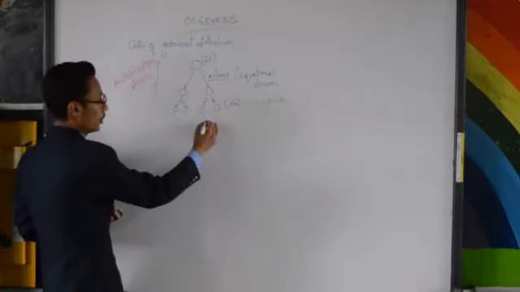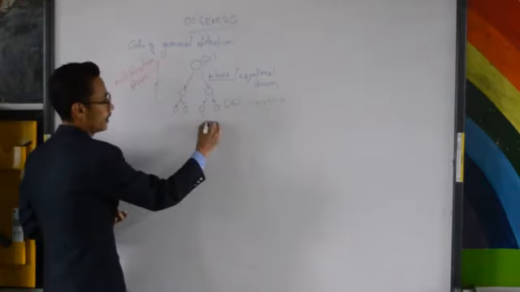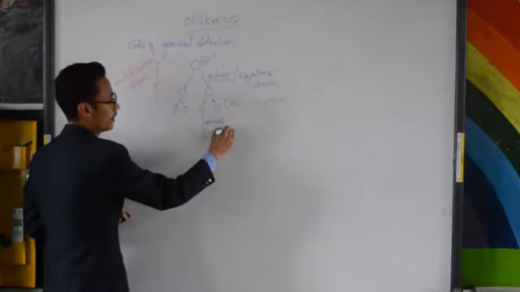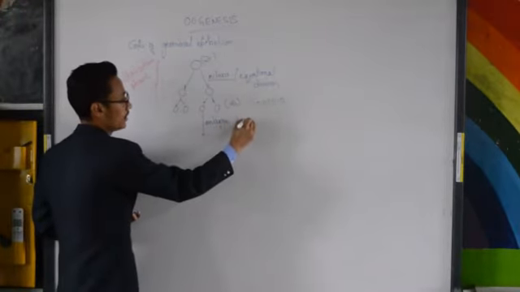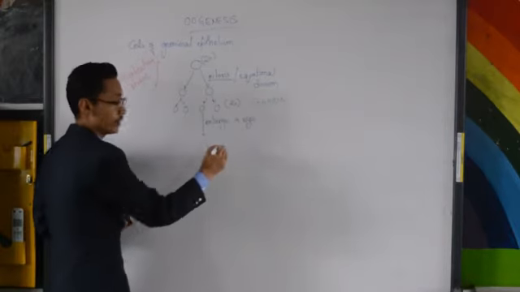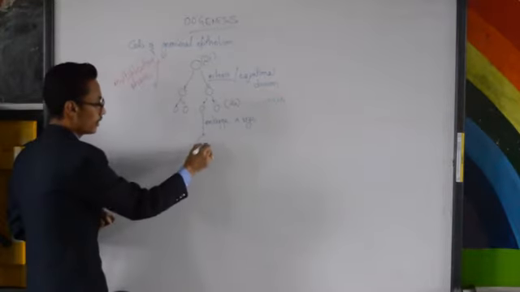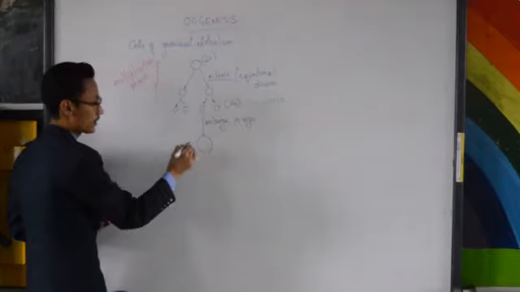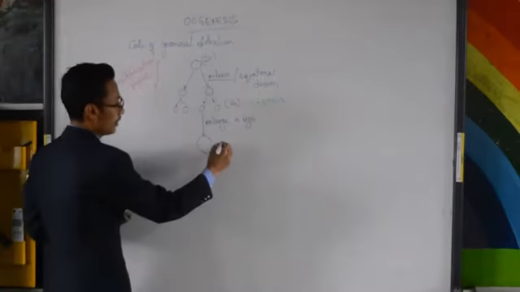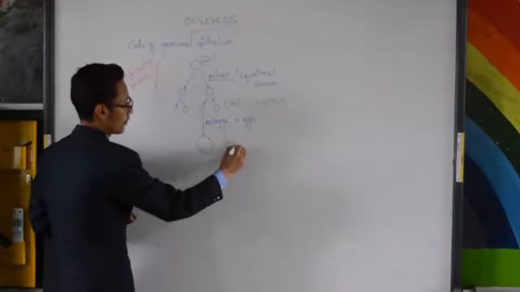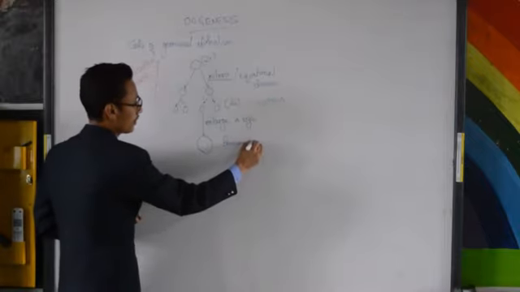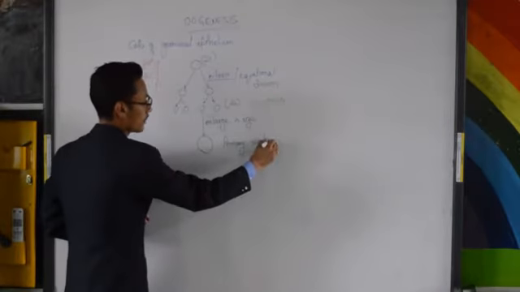Now, this particular oogonia will enlarge in size. Now it will be known as primary oocyte.